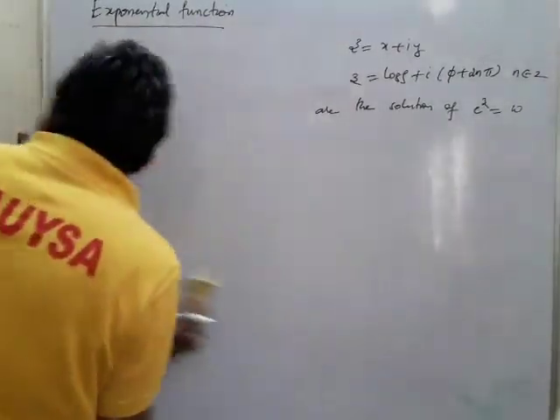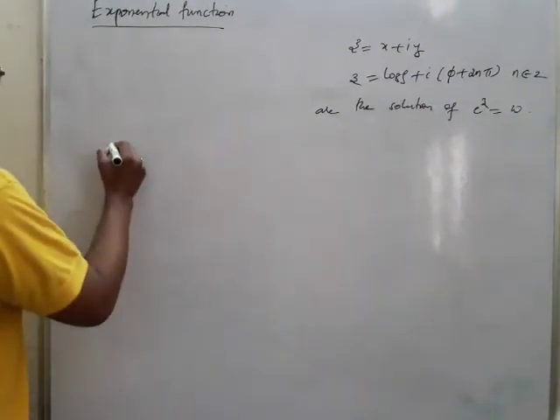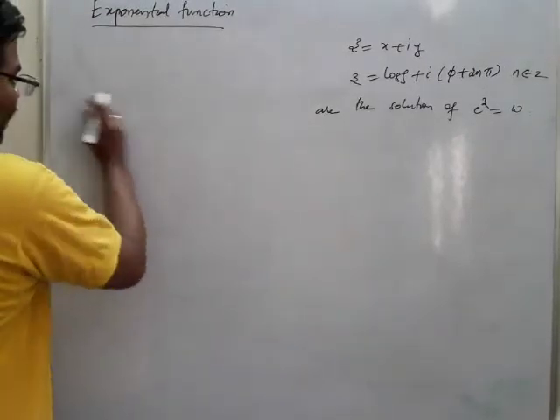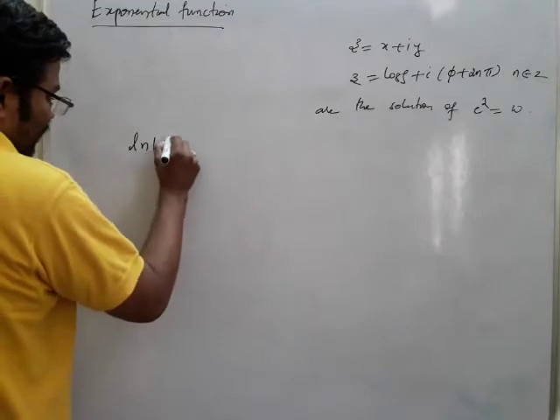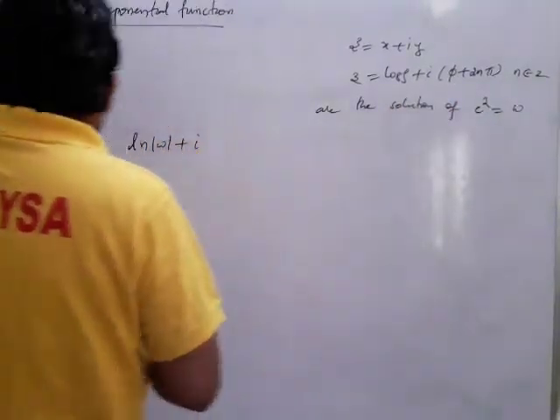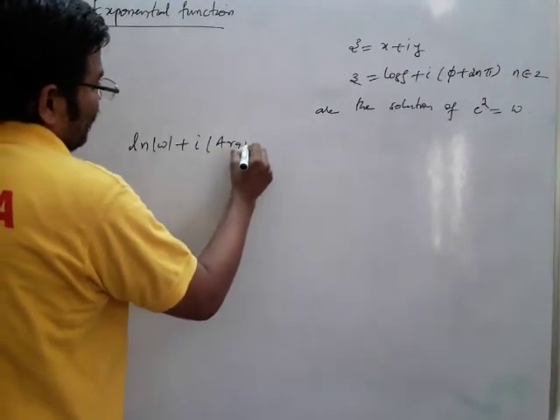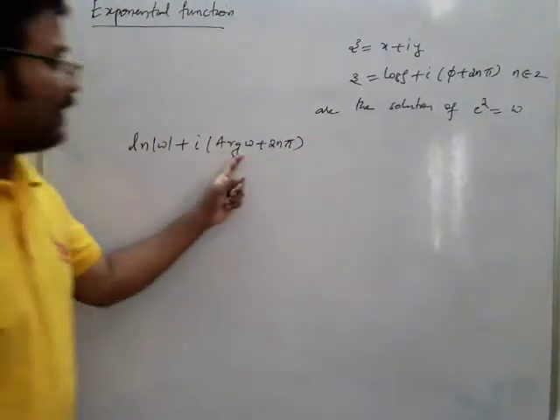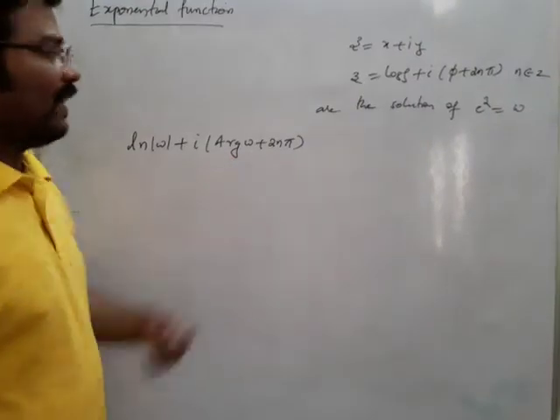So therefore what we can write here is, I may write as ln mod w plus i into this phi. I'll take it as argument of w plus 2n pi.